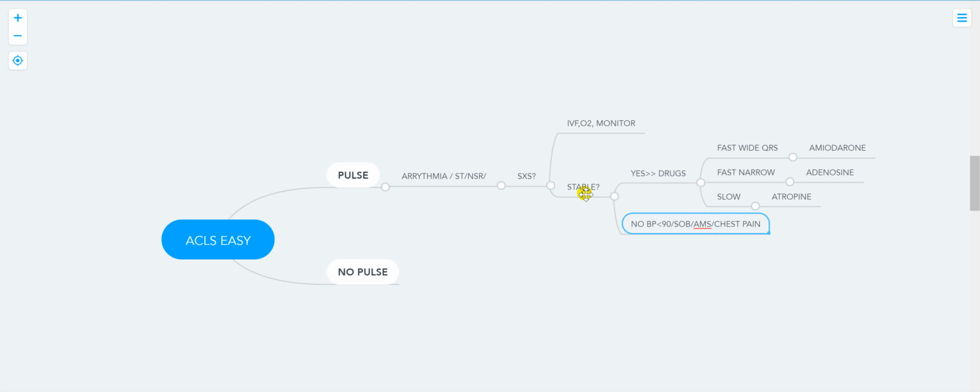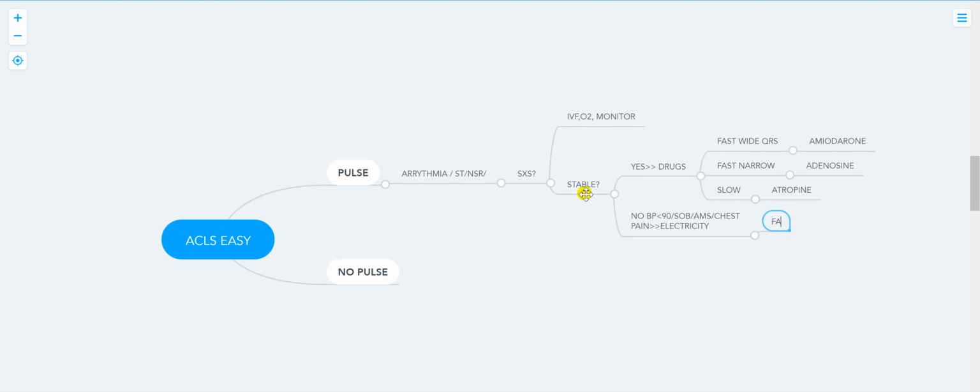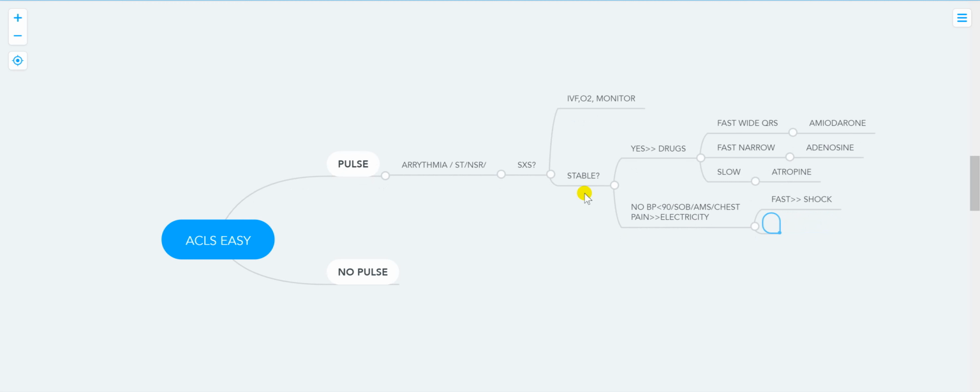If there are any of these, then we do electricity instead of drugs. How do we determine what electricity to use? If it is fast, we shock. If it is slow, we pace.